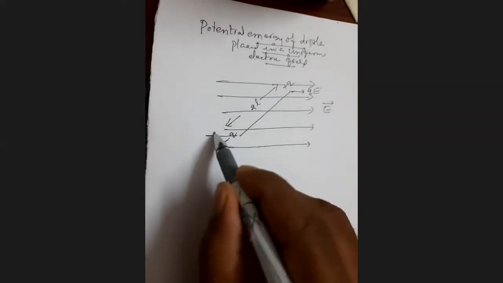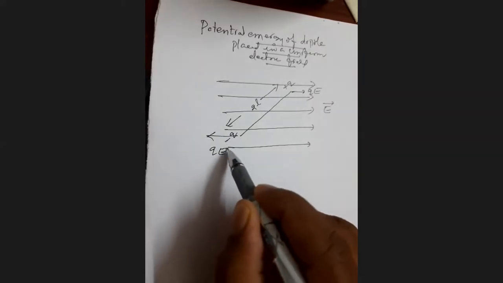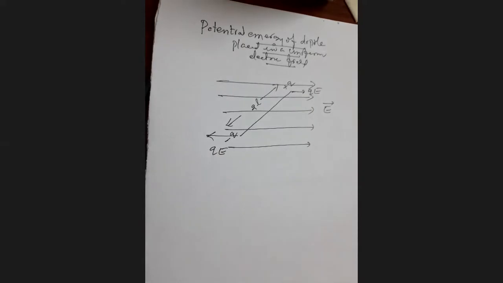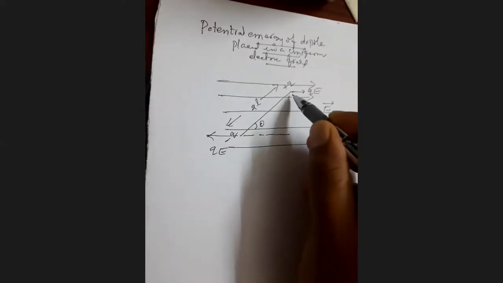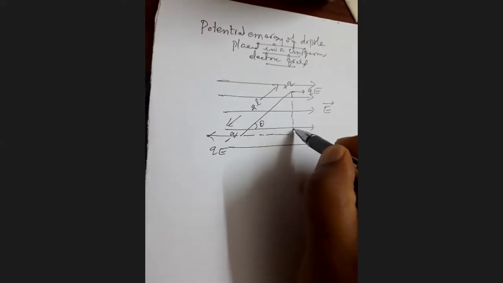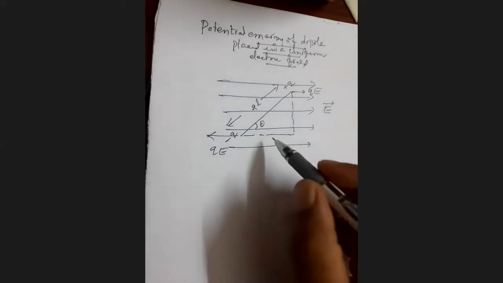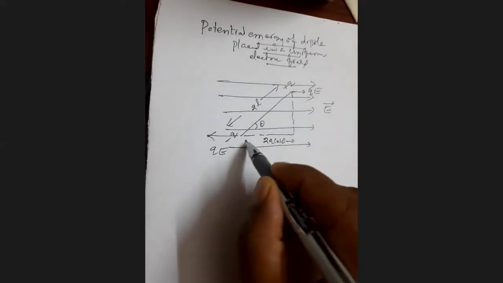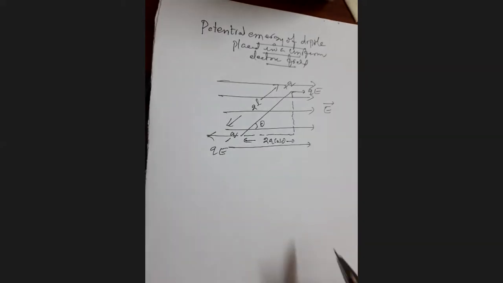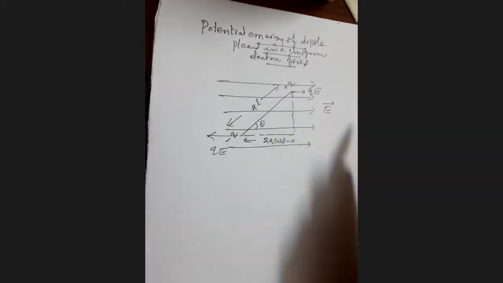On minus Q, F equals QE acts opposite to the field direction. If the dipole axis makes angle theta with the field direction, then the separation along the field will be 2L cos theta.